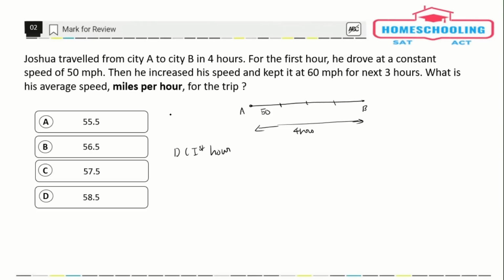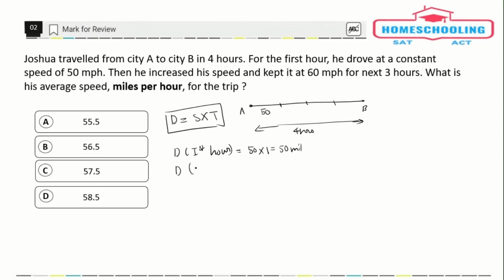As we know, distance is equal to speed times time, because speed is equal to distance upon time. So the first hour distance would be how much? Speed is 50 miles per hour and it is covering that in 1 hour, so that is going to be 50 miles.